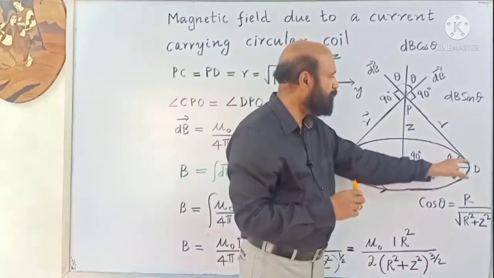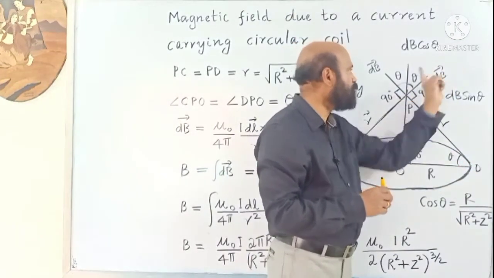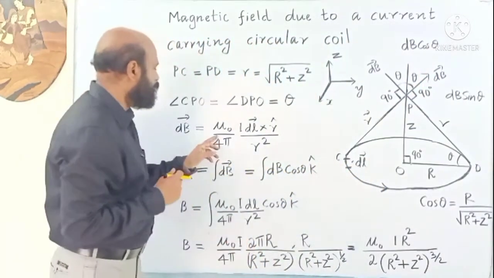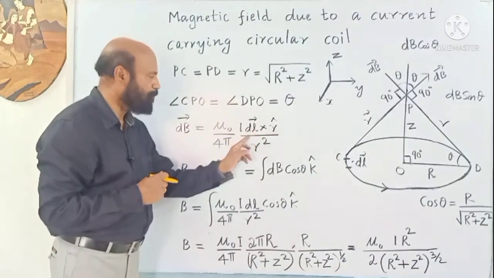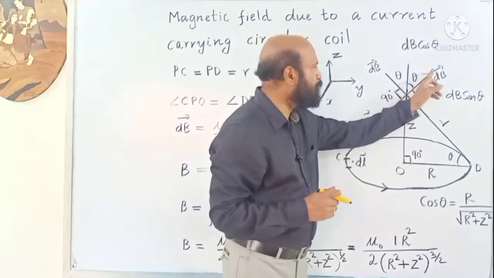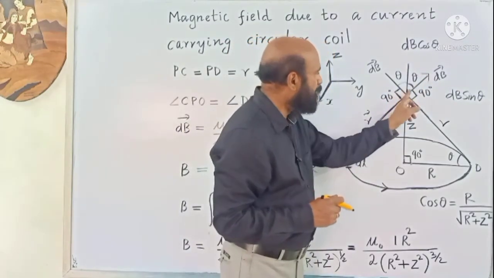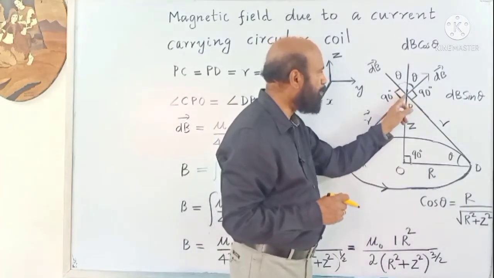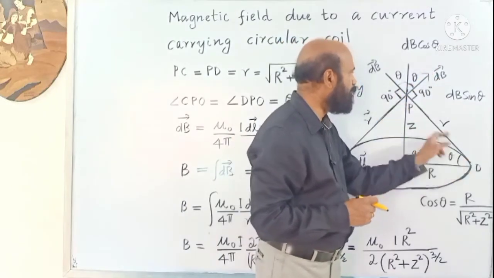Similarly, on the other side, for the current element of length dl, the magnetic induction will be directed to that side. Now this angle is 90 degrees and this is also 90 degrees, because the magnetic induction will be perpendicular to r and the current element.